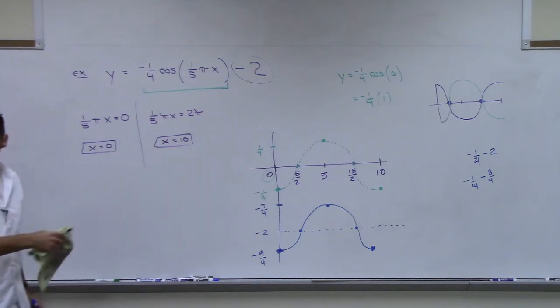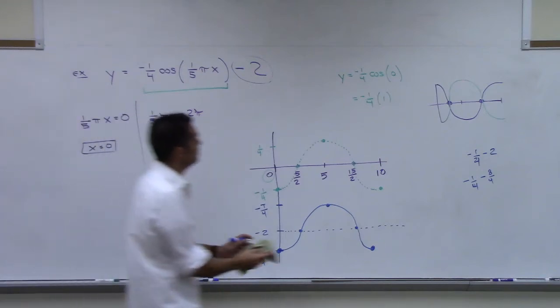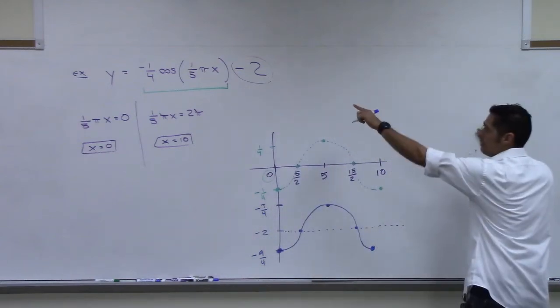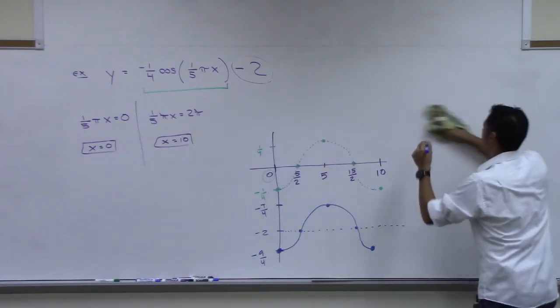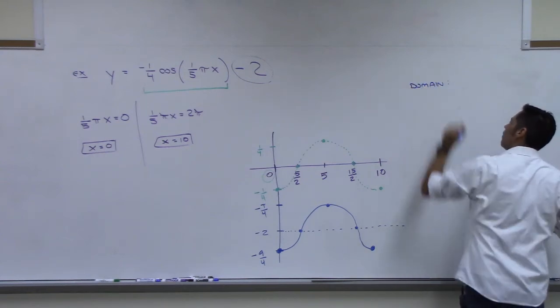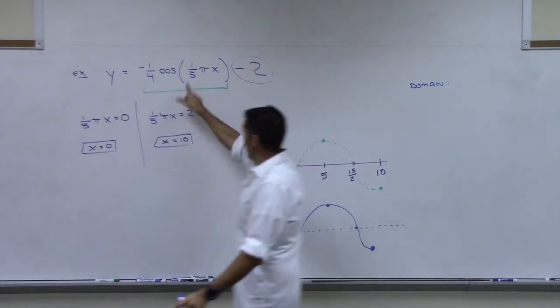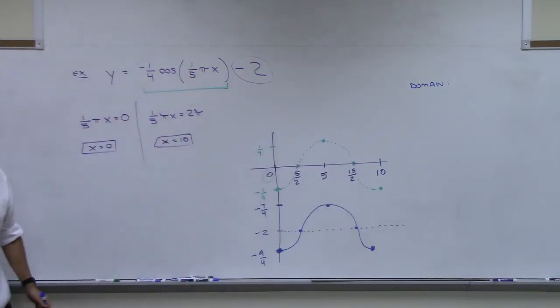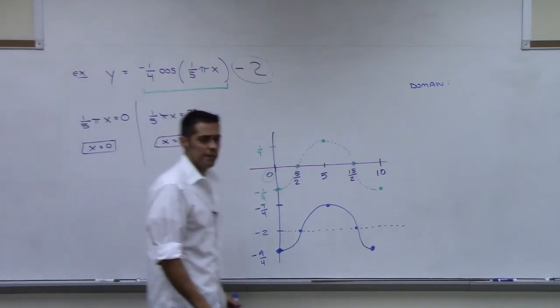I have a few more questions off this graph. For that function up there, what is the domain? For this right here, the whole thing. What's the domain of this function? Negative infinity to infinity.